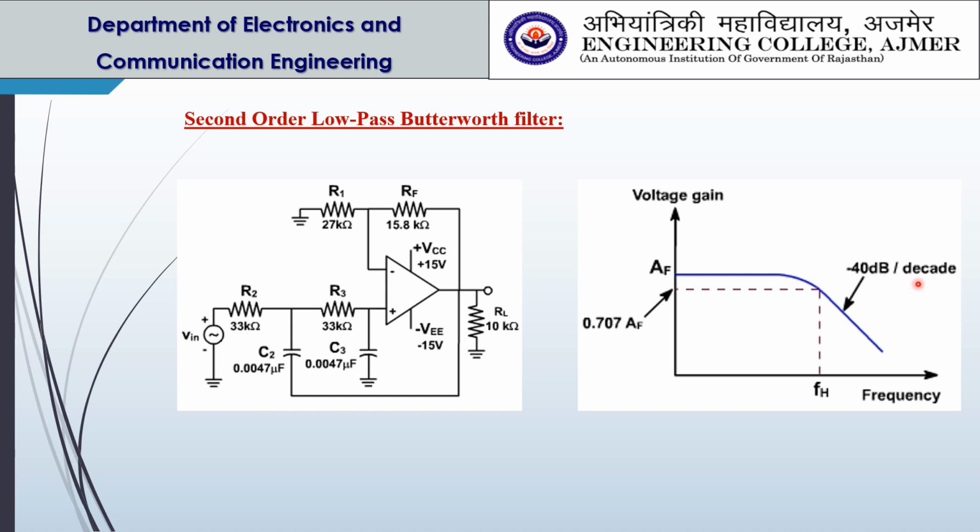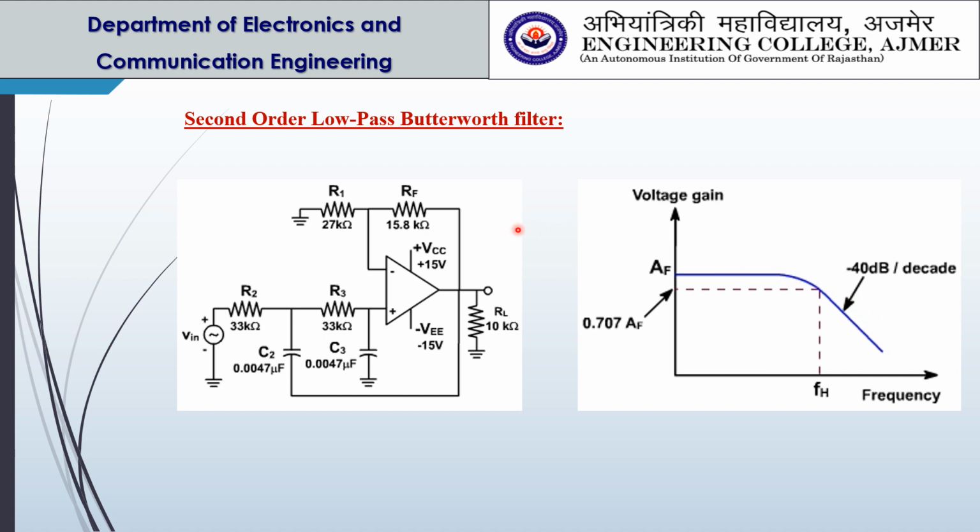So as we increase the order of a Butterworth filter, this gain is decreased more rapidly. Suppose for a third order filter, this gain will become minus 60 dB per decade. Dashed lines show the ideal characteristic of a low pass filter, and the blue line shows the practical characteristic of a low pass filter.